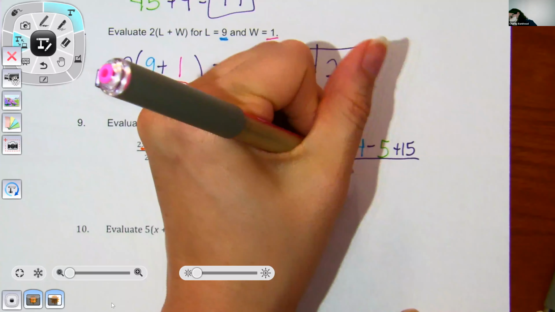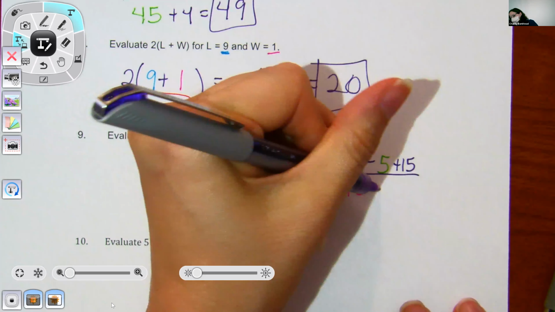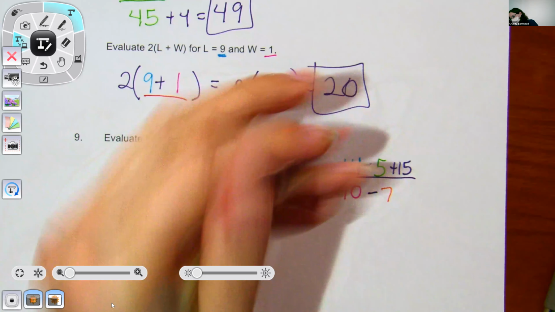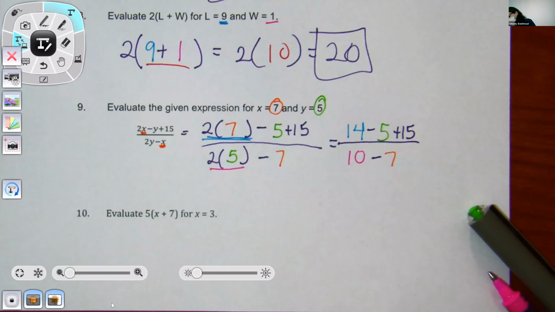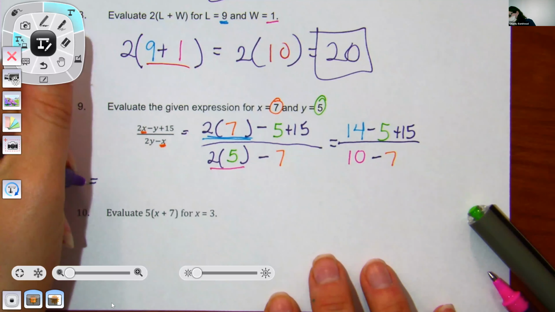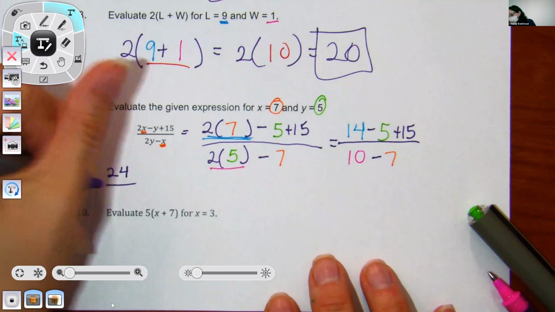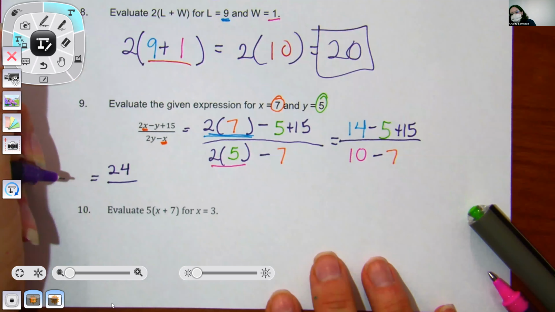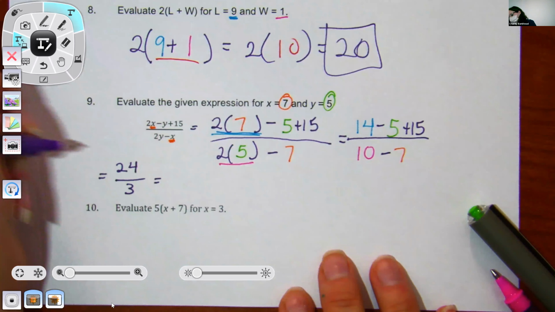And so I have 10 minus 7 on the denominator. Okay, and then on the numerator, 14 minus 5 would be 9, plus 15 would be 24, and then 10 minus 7 equals 3, and then 24 over 3, so 24 divided by 3 equals 8.